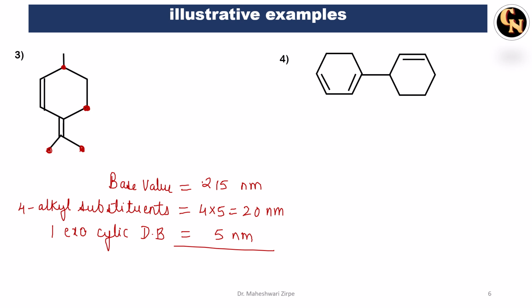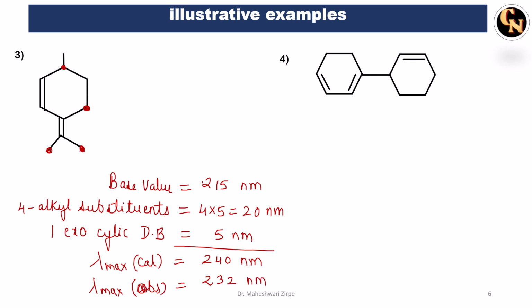Correct? If you add them up, it is 240 nanometers. So this is your lambda max calculated. And the observed value for this is 232.